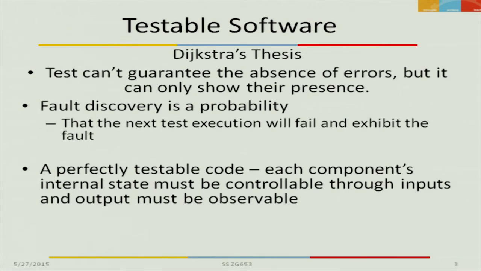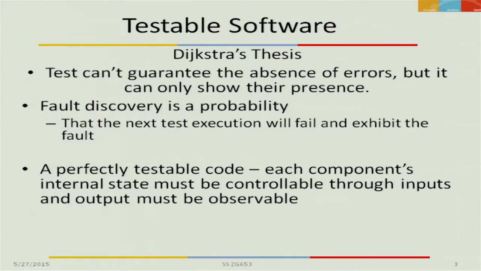What this property says is that if you vary the inputs externally, then you must be able to control its internal state, meaning that by changing the inputs you should be able to change the internal states.